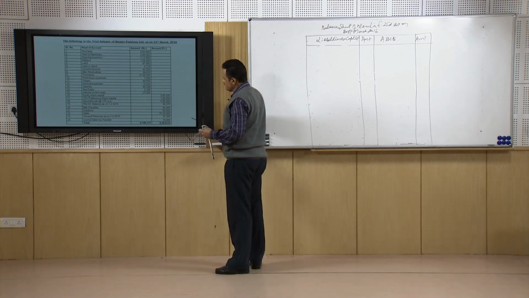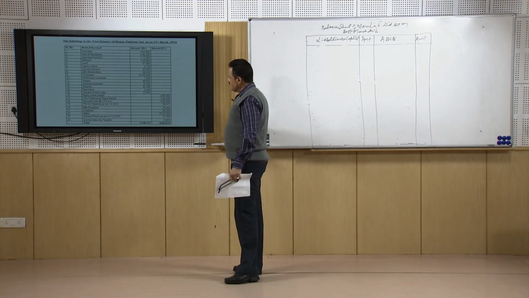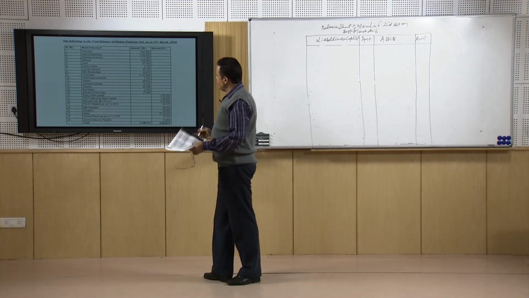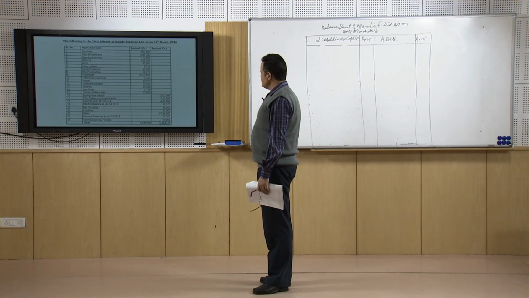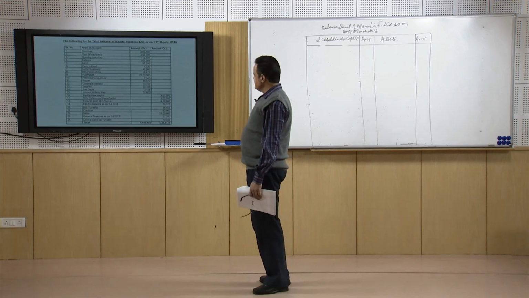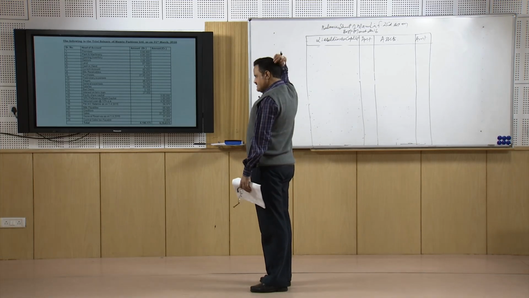If you look here, premises is an asset, plant and machinery is an asset, opening inventory, debtors, cash in hand, cash, current account, bills receivable are assets, purchases, preliminary expenses are assets, wages, general expenses, salaries, bad debts. We have taken interest on term loan as a revenue expense, and share capital, equity and preference we have already dealt with, and now the secured loans.